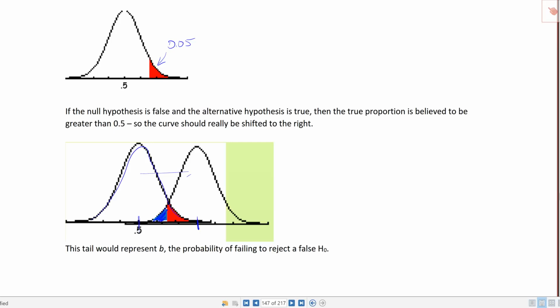That is the probability of failing to reject a false null hypothesis, because if the alternative hypothesis is really true, there's a little bit of a probability right here that you could get a sample with this P being right in here, and that would be within our range of our null hypothesis, where we would think that the null hypothesis was true.